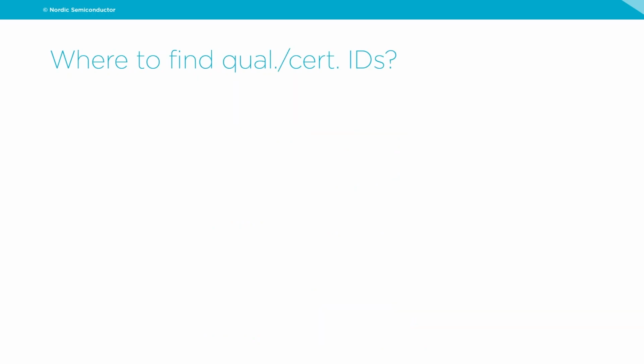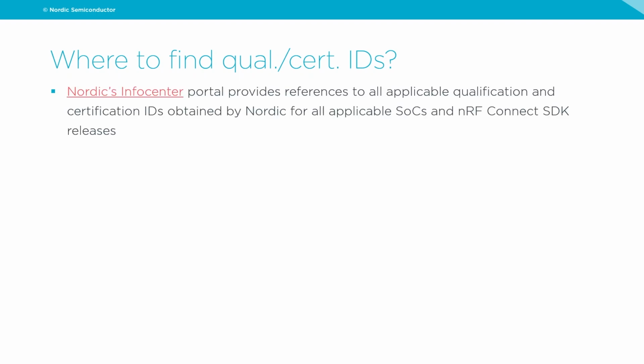So you might ask where to find qualification IDs and certification IDs for particular SoCs and particular releases of nRF Connect SDK, which you can reference. That kind of information you can find on Nordic's InfoCenter portal.